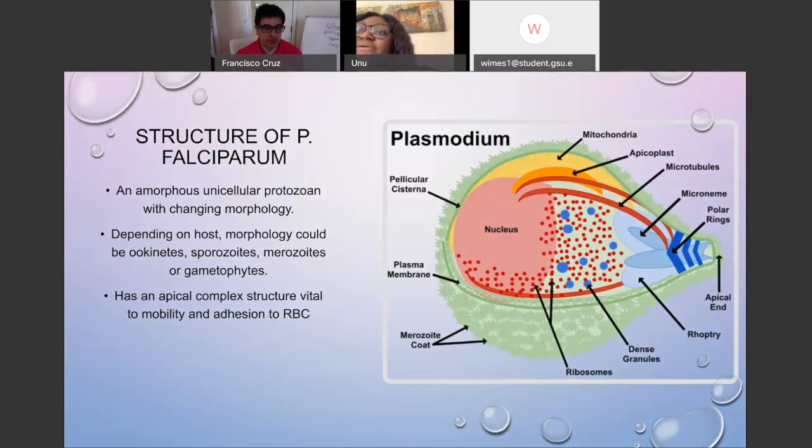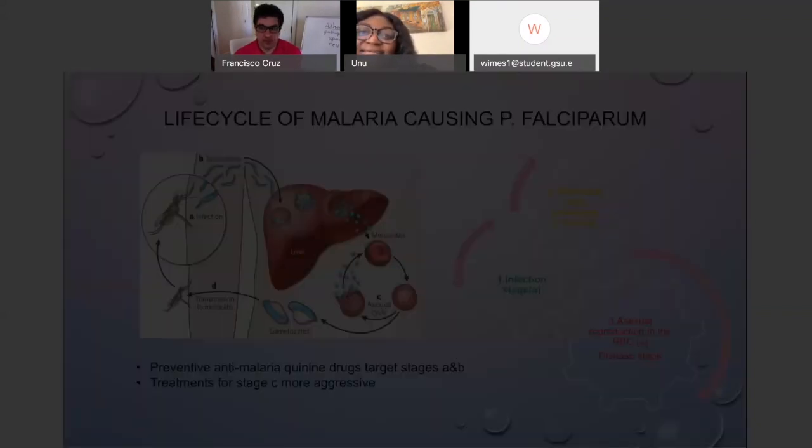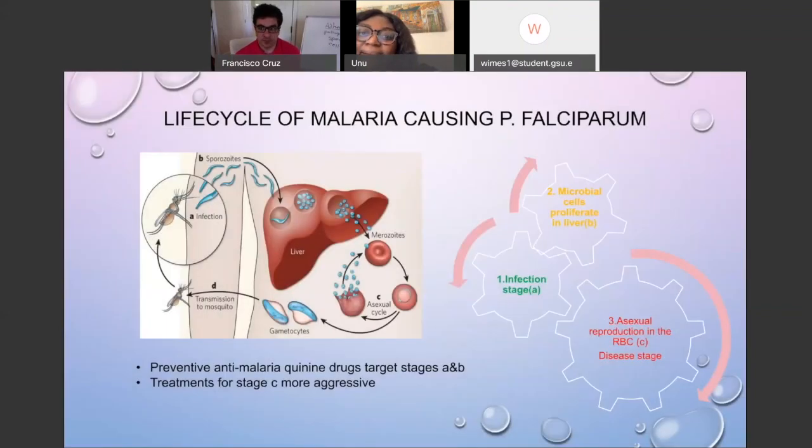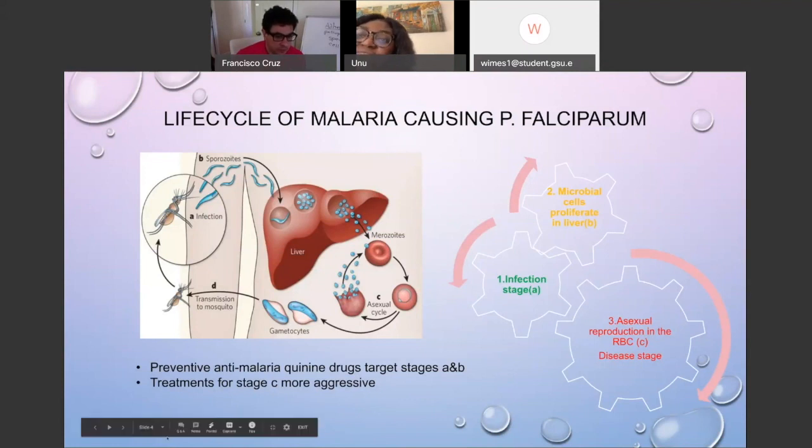The life cycle is the next slide. The life cycle of malaria consists of two hosts. So this is a pretty simplified structure. It's actually much more complex than this, but just for the purpose of the class, it's been broken down into 4 distinct stages.